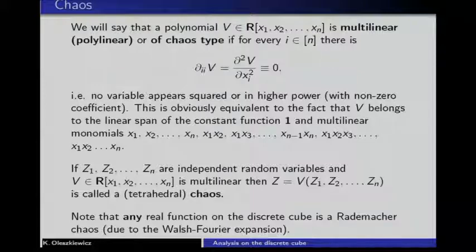Just because all Walsh functions are products of coordinates. So we are lucky because on the discrete cube every function is just a chaos, a random chaos with respect to the underlying uniform measure. Okay. This is not the case on any other product space actually. Only on 2-point spaces we have such a lucky situation.